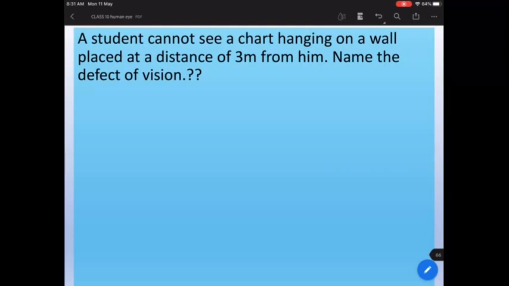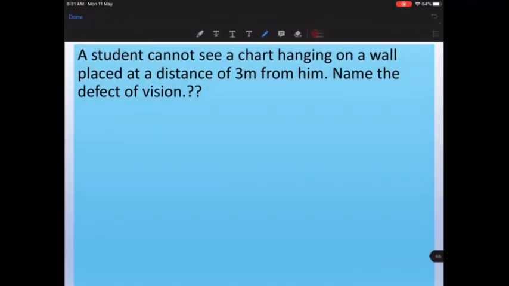He should be able to see infinity, but he is not able to see even 3 meters. He can only see up to 3 meters. He cannot see far. He can see near. I want you to write down the defect in the chat box.